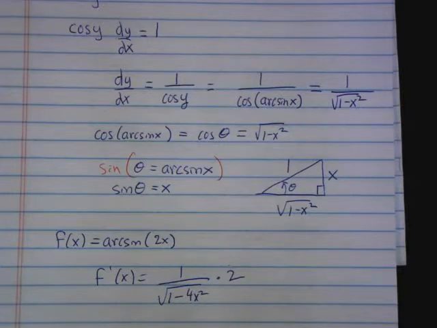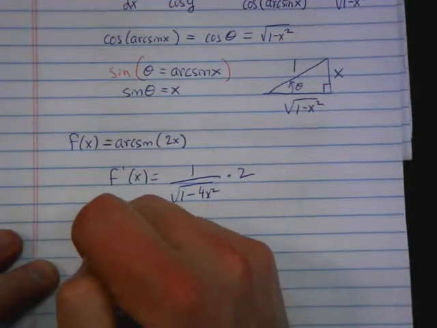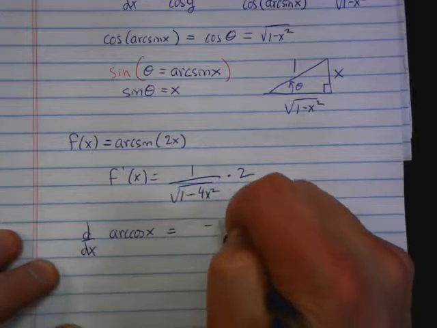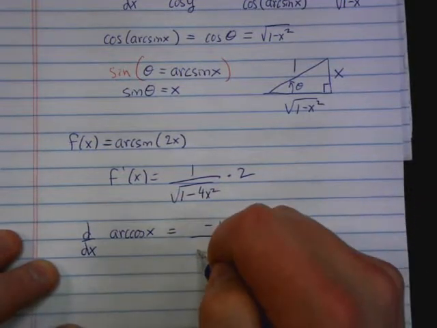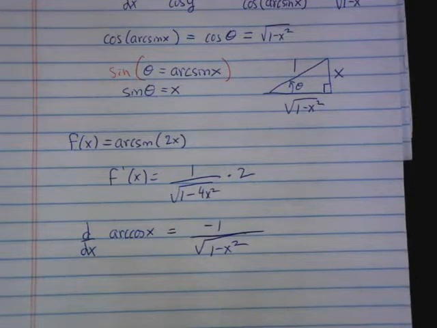Okay. All right, I won't work it all out, but I will tell you that the derivative of arc cosine of x is negative 1 divided by square root of 1 minus x squared. Where do you think the negative 1 came from?